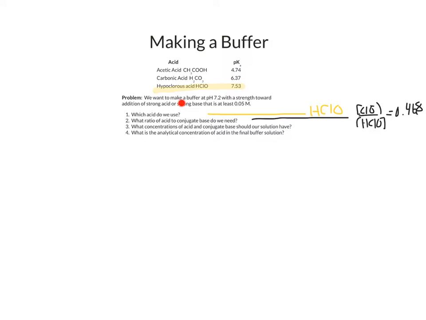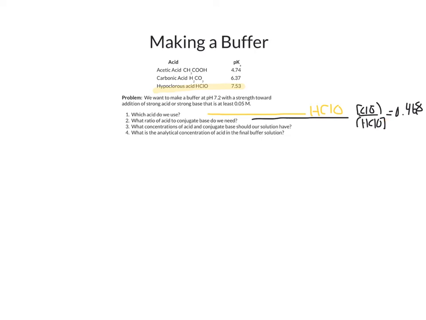Likewise, if I add a strong base, it's going to react with the conjugate acid that I have in solution. And so if I want my buffer to resist changes up to 0.05 molar addition of strong base, then I need to have at least 0.05 molar of the conjugate acid in solution.